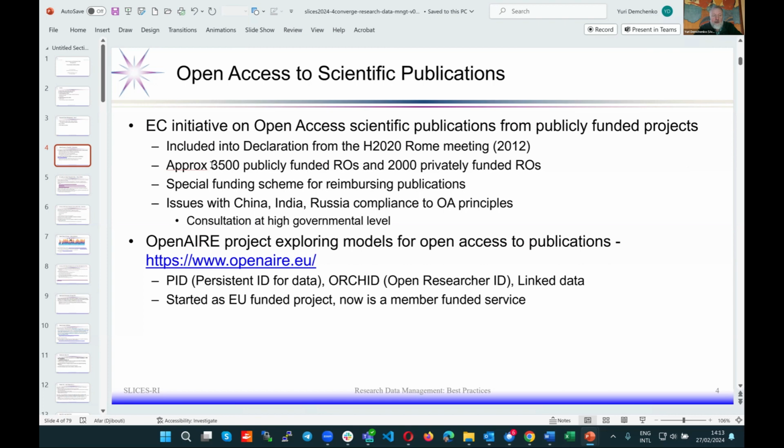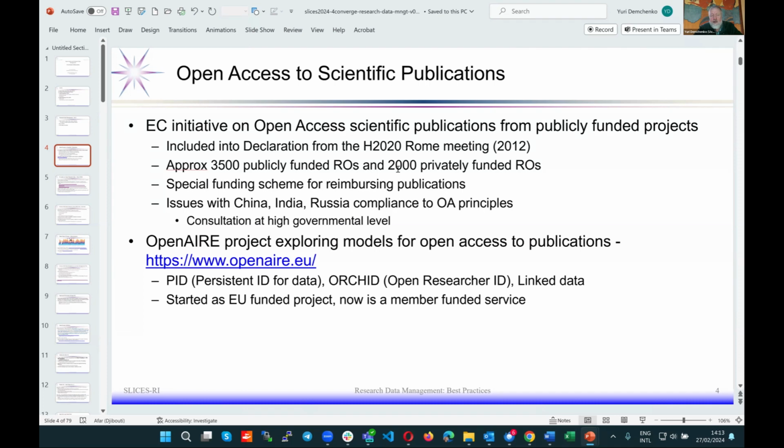So if you look at the statistics, slightly updated after 2012, Europe has 3,500 publicly funded research organizations that receive money from government or from the Commission. So public money, data, and results need to be also shared publicly.